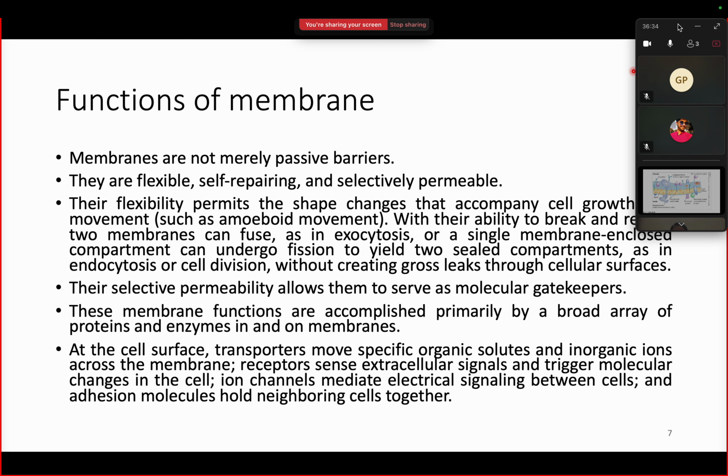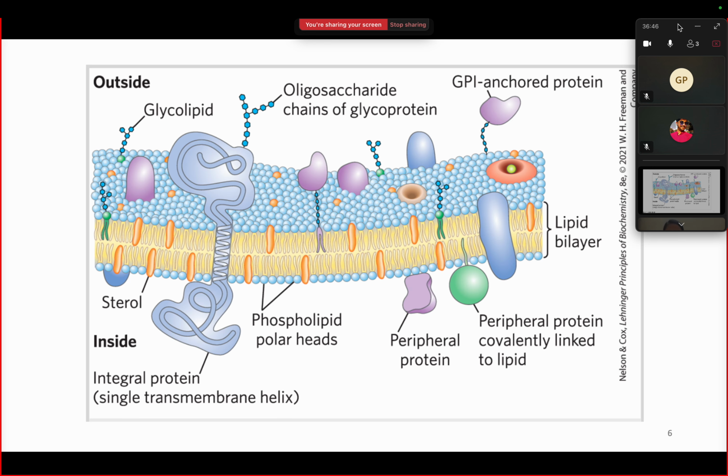Okay, so as you have seen, membrane is made up of what? Membrane is made up of lipids which have two distinct parts. First is the round blue head groups, which are polar in nature, and these yellow tails, which are non-polar or hydrophobic in nature, right? So if a molecule is polar, imagine this, it will effectively interact with the head group.